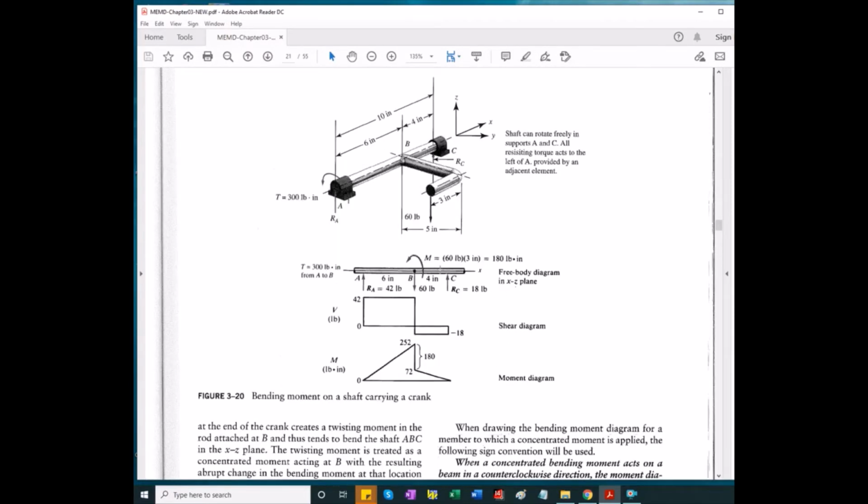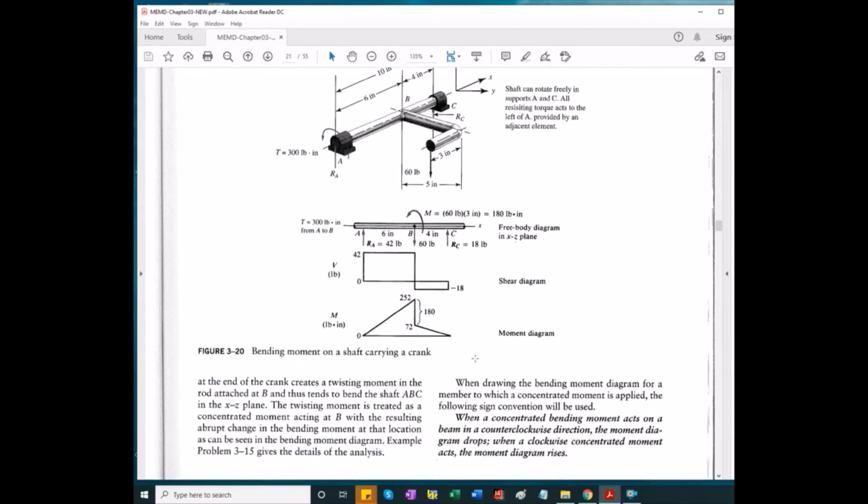It is the load diagram with reactions at A and C, and the 60-pound force is delivered here, or in a free body diagram. When you take this off, the effect of this L piece is a down force and this moment M. M is calculated as 60 times the arm of 3 inches, 180 pound-inch. Okay.